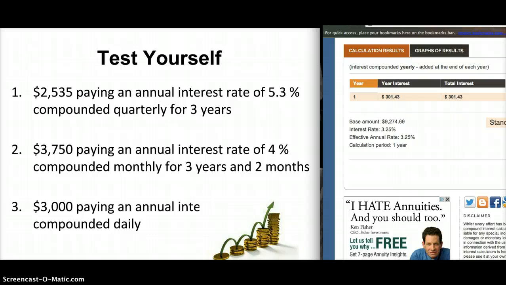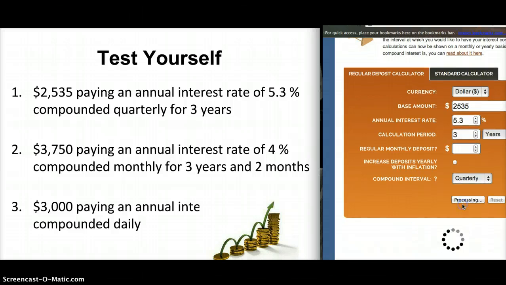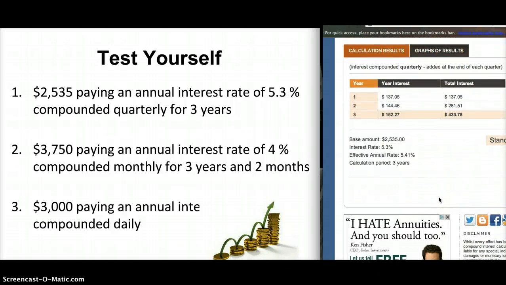You go back to your compound interest calculator, go up, put the number in, compounded quarterly for 3 years. Okay? And you need to be able to get these amounts. And so you want to do that for those 3. Just stop the YouTube video. And then that would be what we have gone over in class.